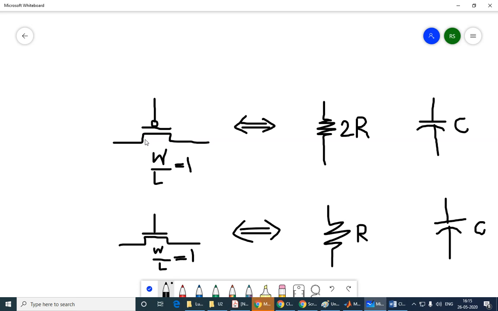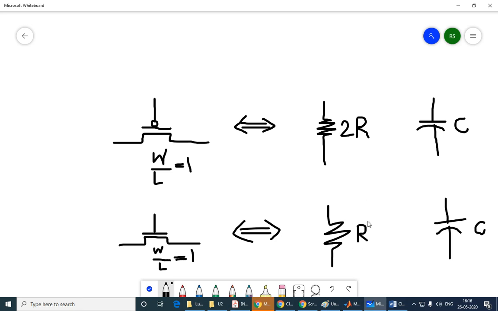We don't have electrons in a PMOS transistor, we have holes, and whenever we want to move a hole, we have to break a bond, and then the electron has to come into the hole, which means that the hole has moved in the opposite direction, and that's more difficult to do, which means that the resistance associated with that particular transistor is going to be higher. So its resistance, we are defining this is going to be 2R. Maybe it might be something else in other cases, but for now we just assume that it is twice the amount.